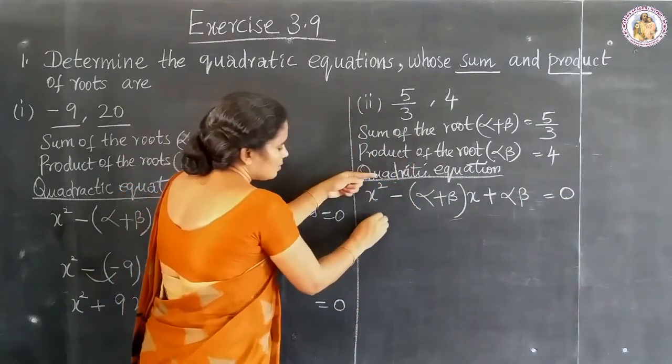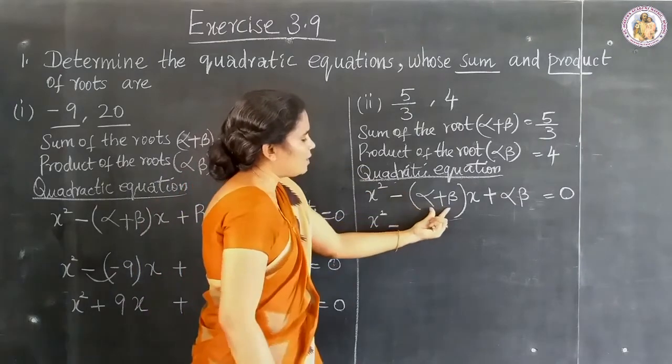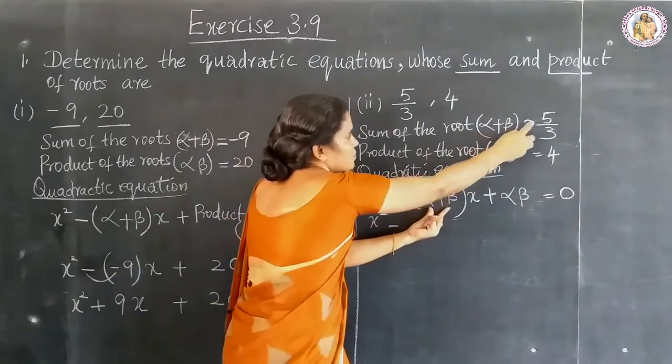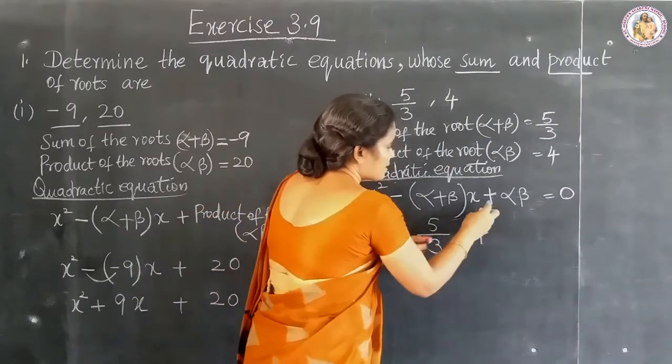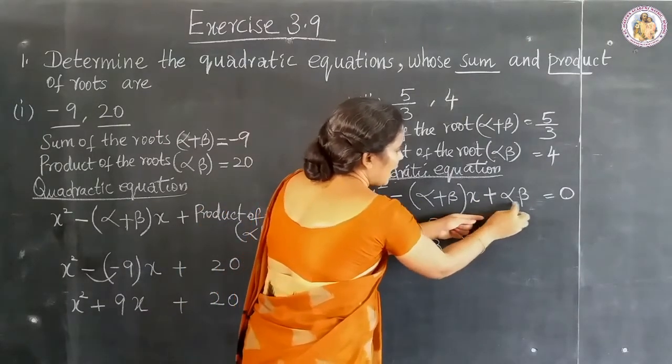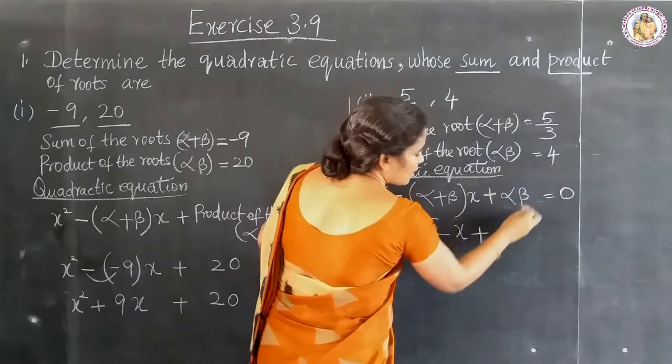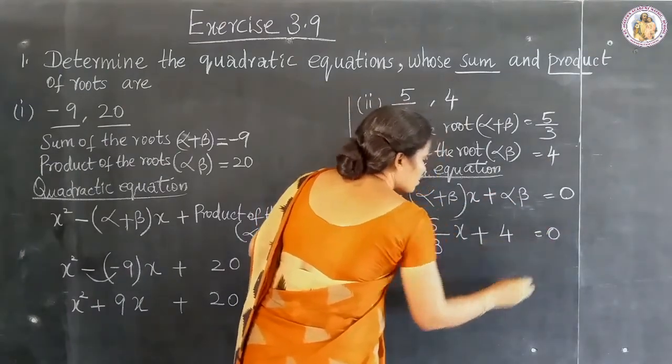So x square minus 5 by 3 into x plus 4 is equal to 0.